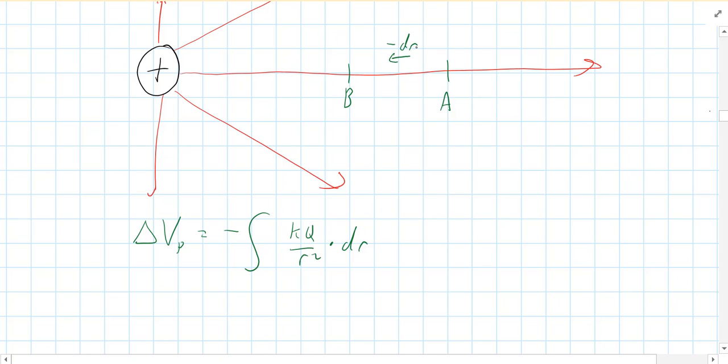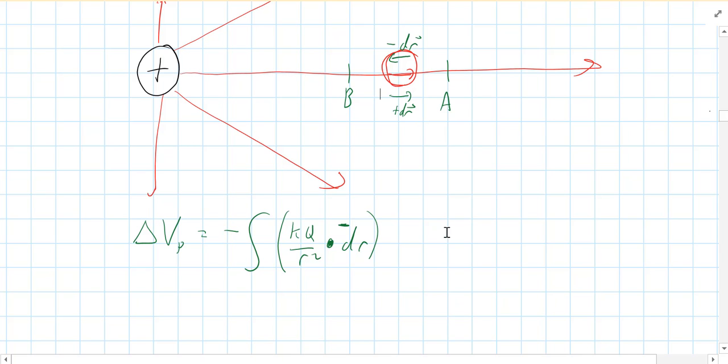There are going to be two negatives in here. The dr itself is negative because a positive dr would be outward, so a negative dr is inward. And we're dot producting the electric field, which points to the right, with this negative dr. So when I dot product those two things, that involves another negative.